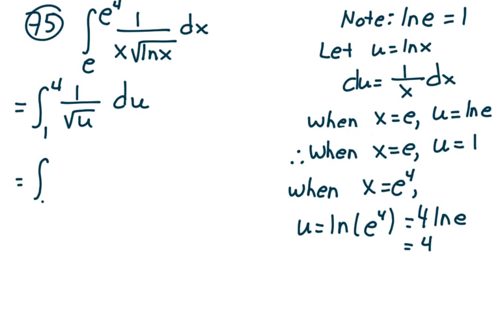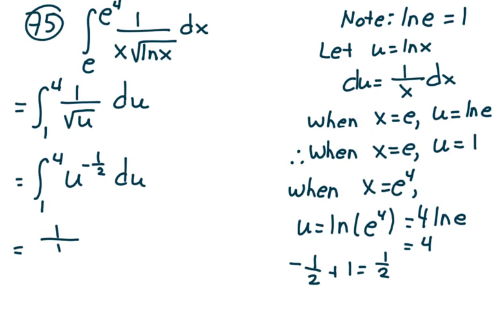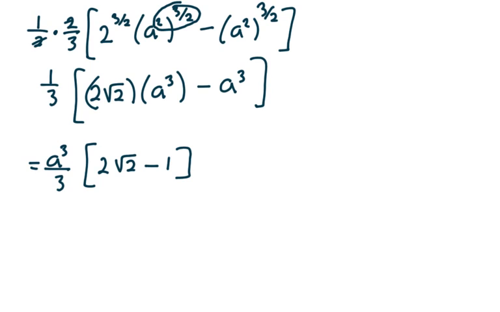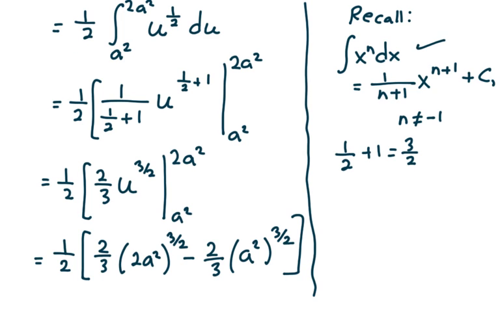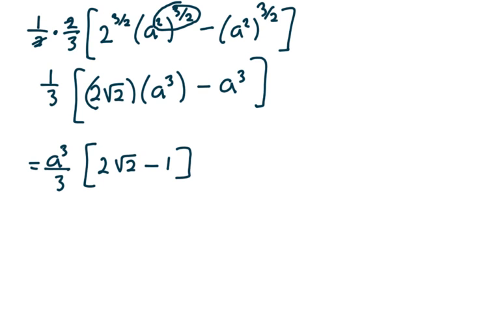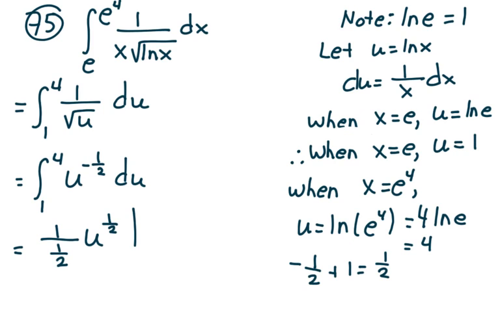And so this is the integral from 1 to 4 of u to the negative 1/2 du. But remember, negative 1/2 plus 1 is equal to 1/2, right? And so this is 1 over a half u to the half, right? I'm using the formula over here. So if we come back, I'm evaluating from 1 to 4.